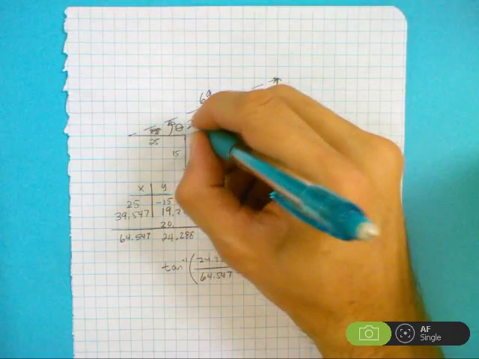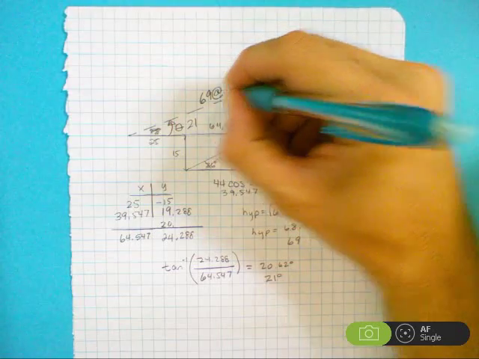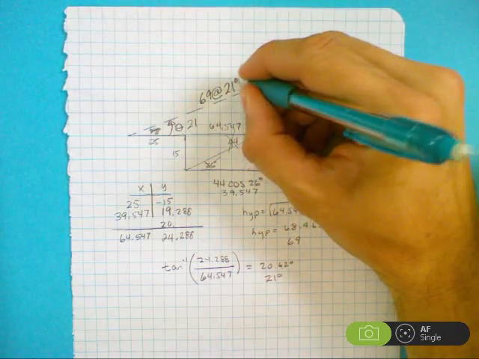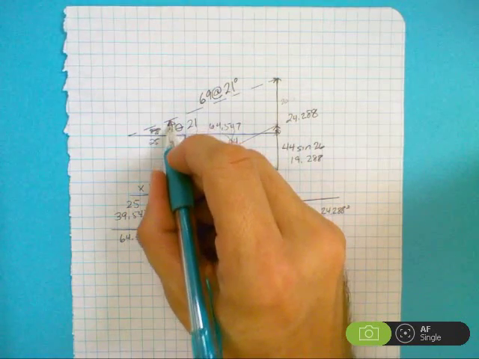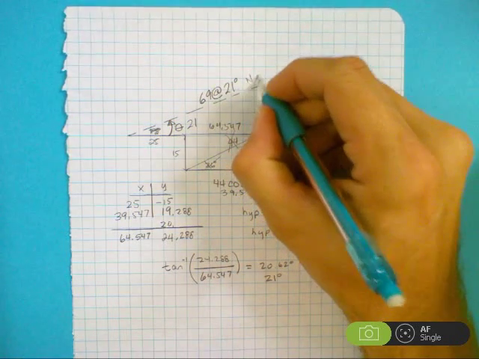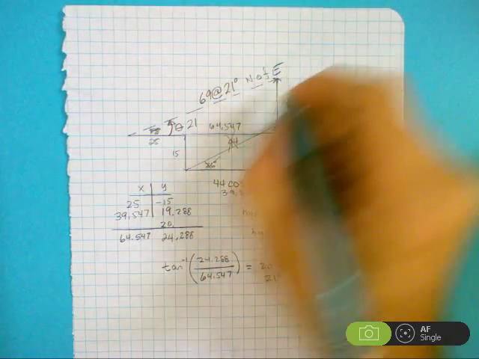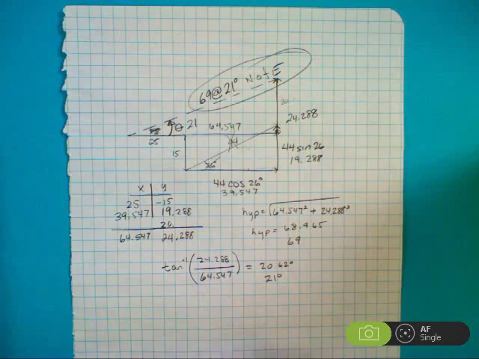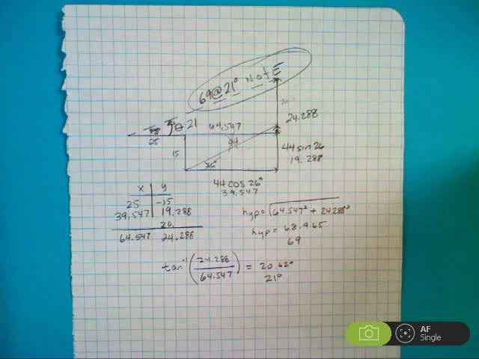So it's 69 units at 21 degrees, sweeping out an arc to the north of the east axis. So that is my resultant value, 69 at 21 degrees north of east.